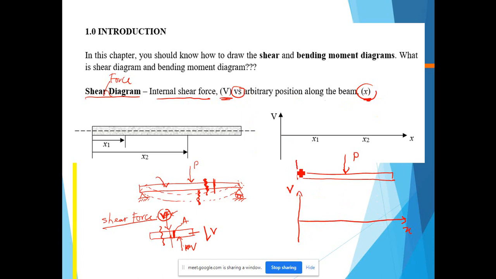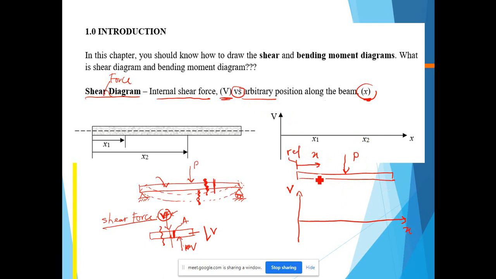X is measured from a reference line. Let's say this is the reference line. So X is measured from the reference line to any point in the beam. Arbitrary position means any point of the beam. So that is the X.